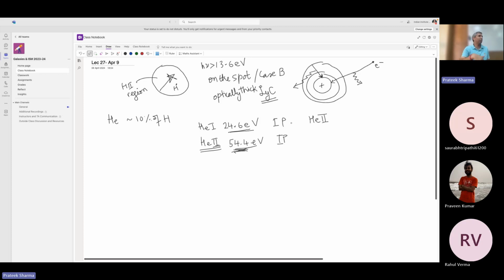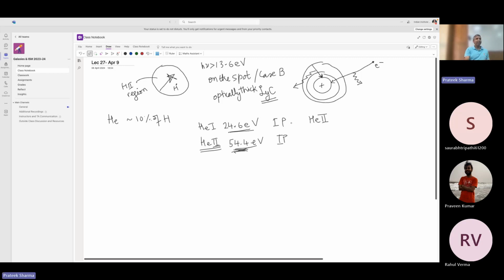If you have a continuum photon produced by recombination, suppose a free electron recombines to the ground state of hydrogen, it will produce more than 24.6 eV. If it is absorbed by helium, of course, then it's as if this recombination never happened.